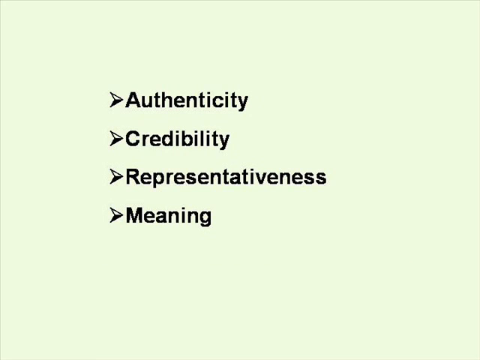Is the document real or fake? The Hitler diaries were declared real by prominent historians, only to be found out later as fakes. Secondly, credibility. Is the document believable, or is the author lying or inflating his own importance? Thirdly, representativeness. Is the document typical?